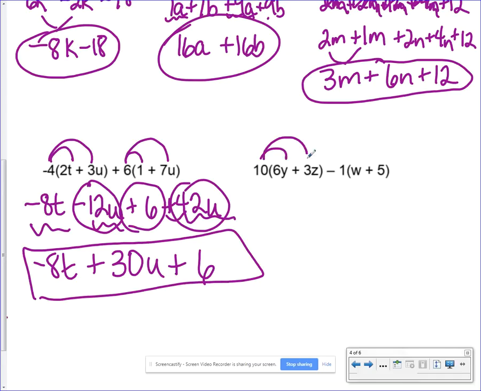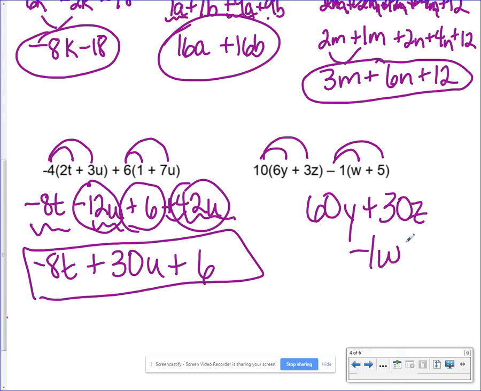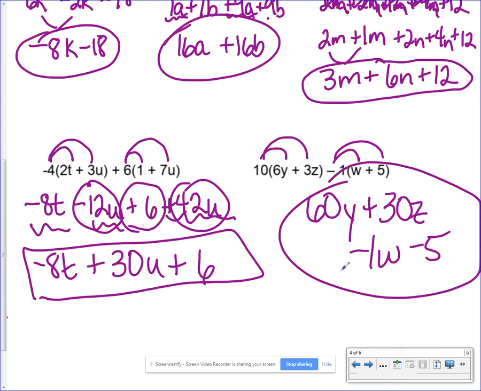All right, do this last one. Compare with me once you get everything distributed and see what you have. Oh, I'm running out of room. That's a bad sign. A negative 1w and then a negative 5. Guess what? Nothing's alike. So you're kind of set there.